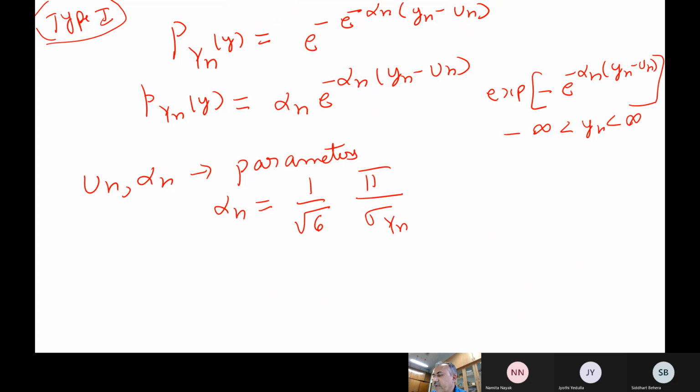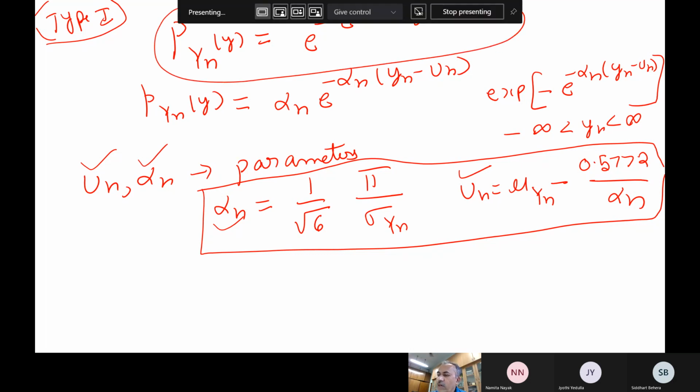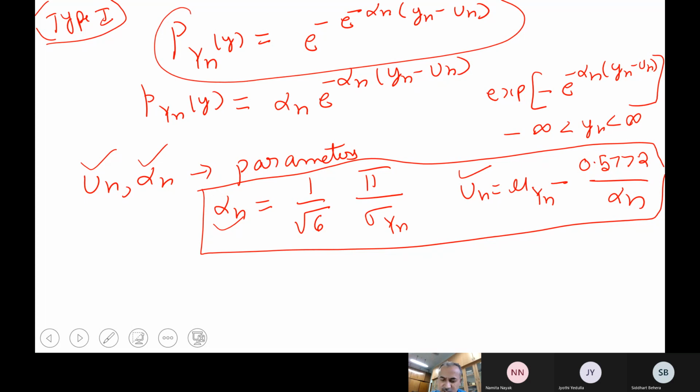If I know the standard deviation and the mean value of the data, I can easily find these numbers, and un is mu of yn, the mean value, minus 0.5772 by alpha n. I can substitute alpha n and un in this expression and find the probability density for the largest value itself.